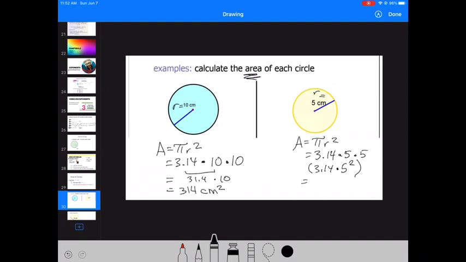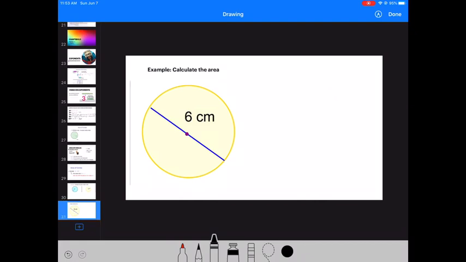Whichever one. Now, 3.14 multiplied by 25, because it's actually 5 times 5, correct? That gives us 78.5 centimeters squared. It's area, not circumference, squared. Okay, let's look at the next one.